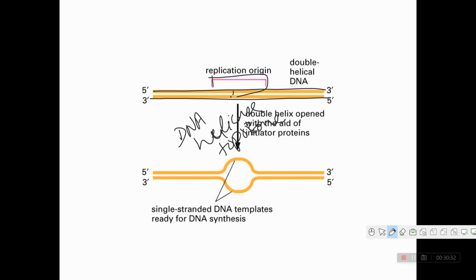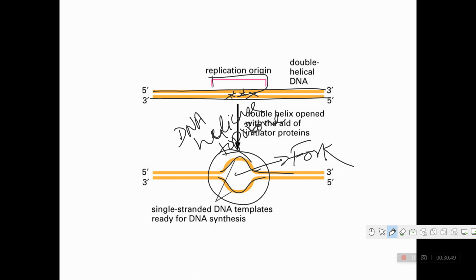They break the hydrogen bond here, and topoisomerase unwinds the double helix. Then this is known as the fork. This is known as the fork.